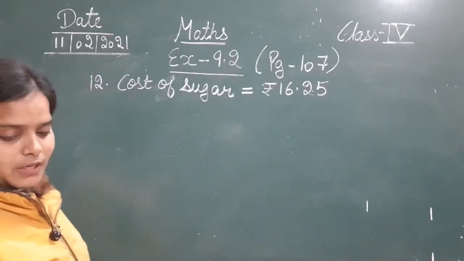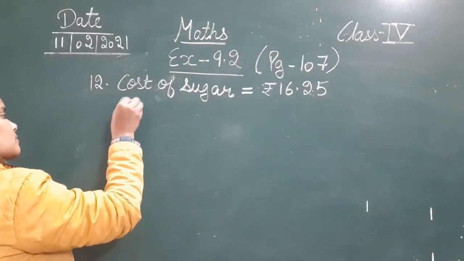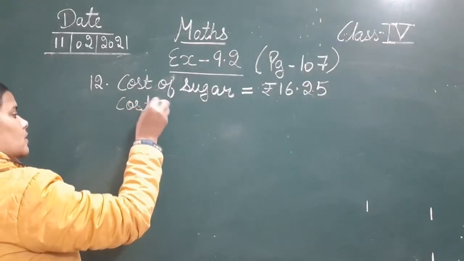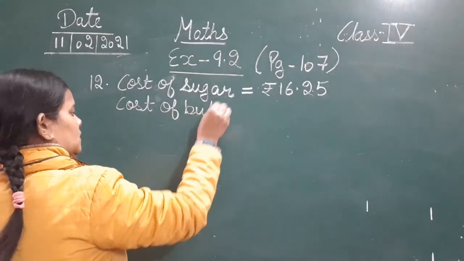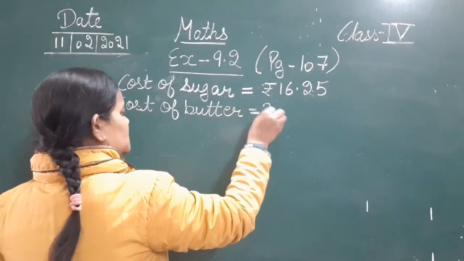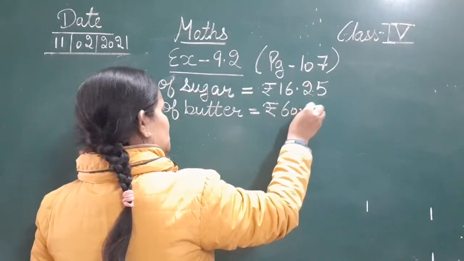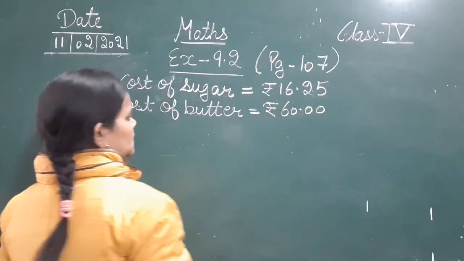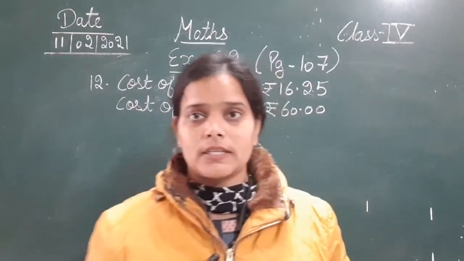So the cost of butter is rupees 60 only. The cost of butter is equal to rupees 60.